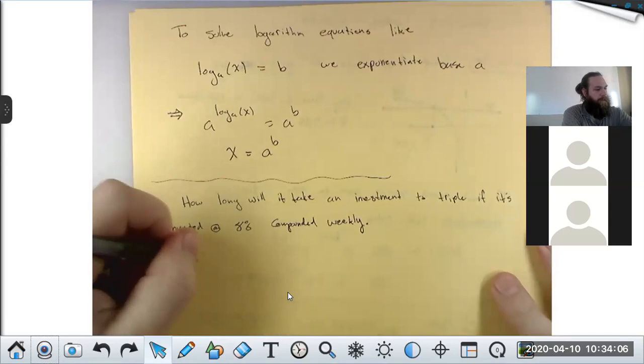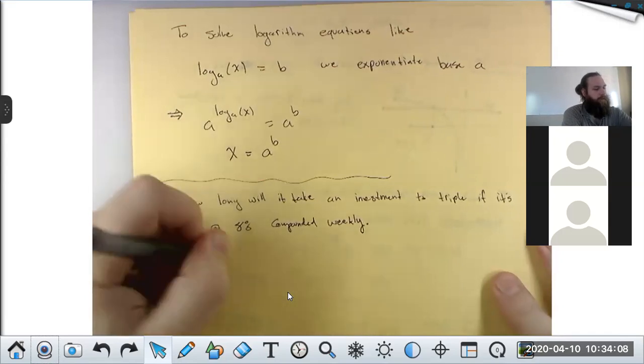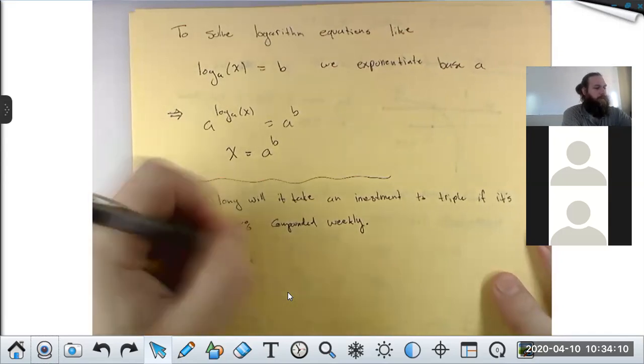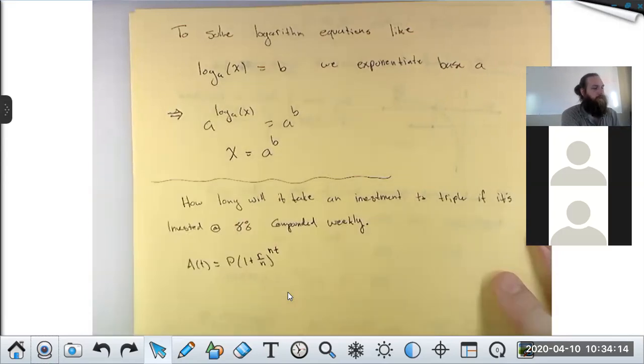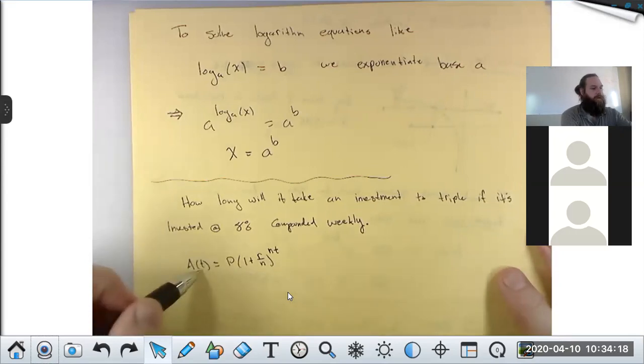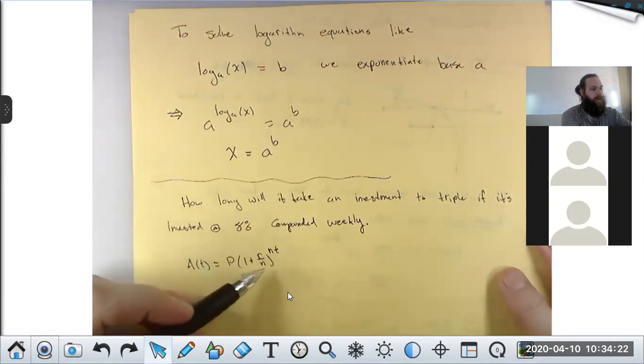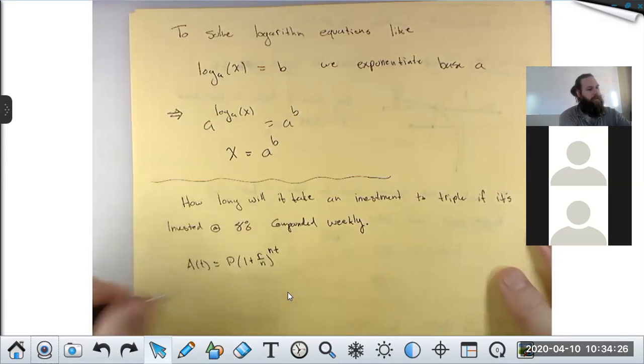So remember my compound interest formula. It's like this. This is the value of the account t years later. P is the principal, r is the interest rate, n is the number of times you compound per unit of time.